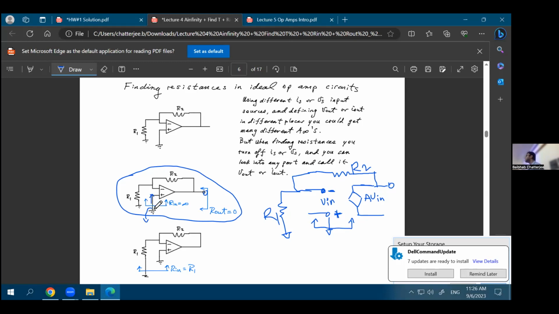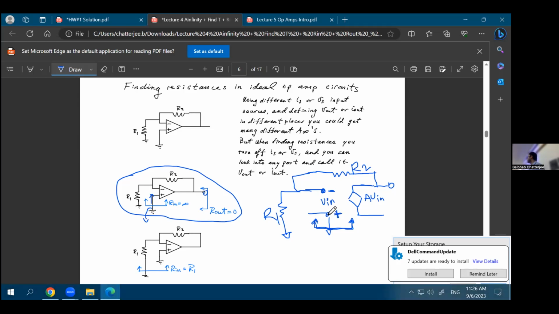So you don't care what is present in the other direction. If you're looking into left, you don't care what's there in your right. If you're looking in the upper direction, you don't care what's there on the bottom direction. So even if this is connected to ground, what we are trying to find out is the AC resistance looking into this port. What is the AC resistance looking into this port?